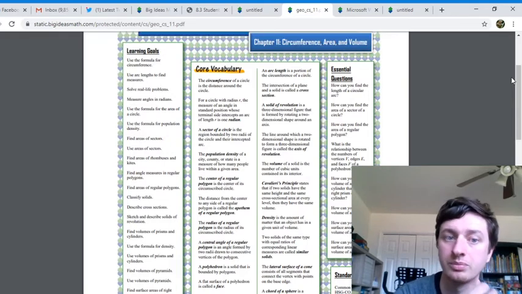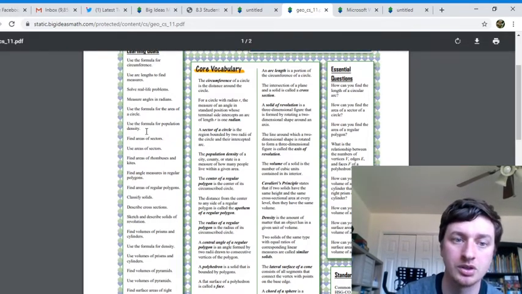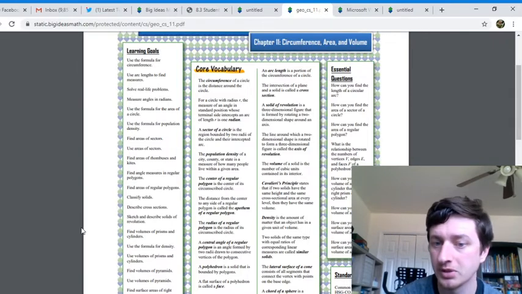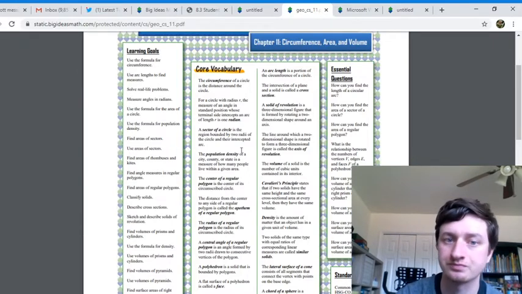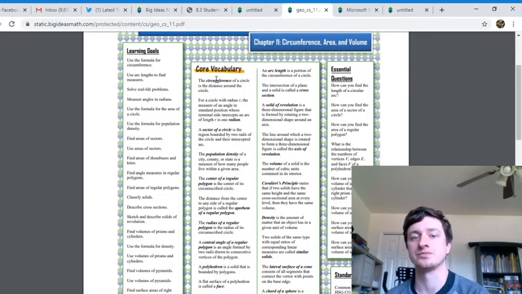Okay, we're going to want to be able to use a bunch of formulas. So if you look at these learning goals, there's a ton of these that are use formulas. Right? Use formula, use volumes. It's using a formula. Okay? We're going to be looking at a lot of formulas, plugging in variables. Here's some vocab, like we've got circumference, the distance around the circle, right?